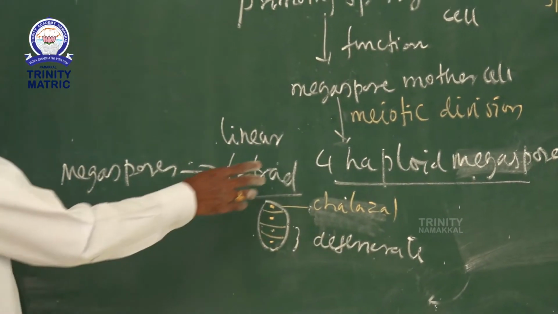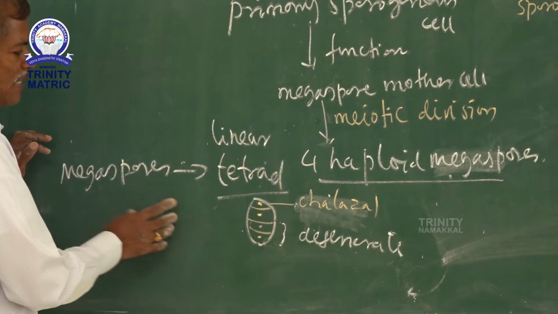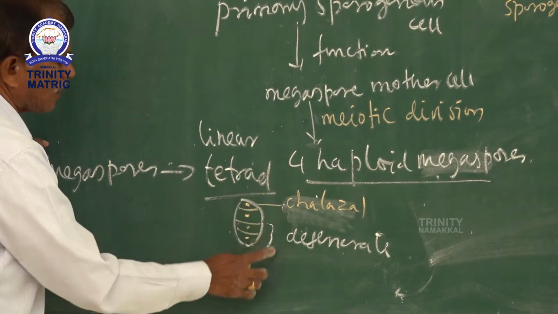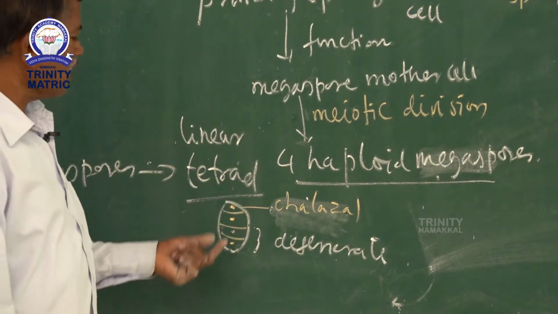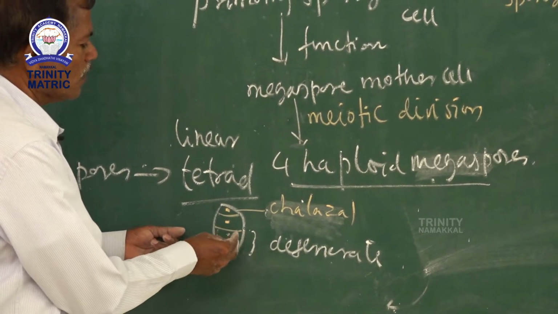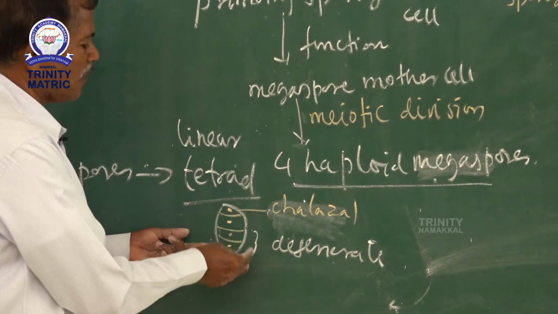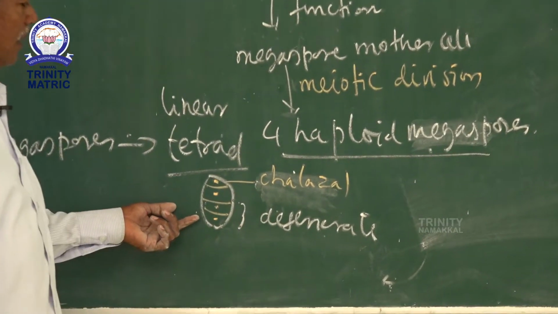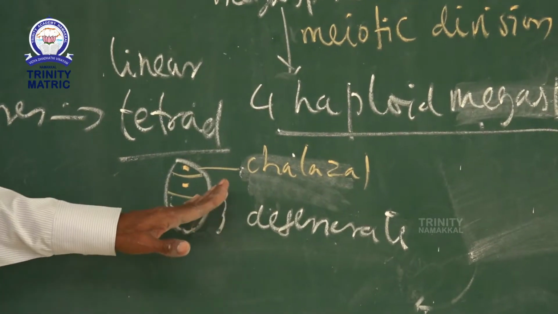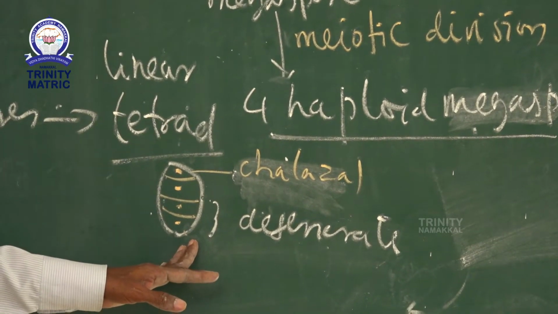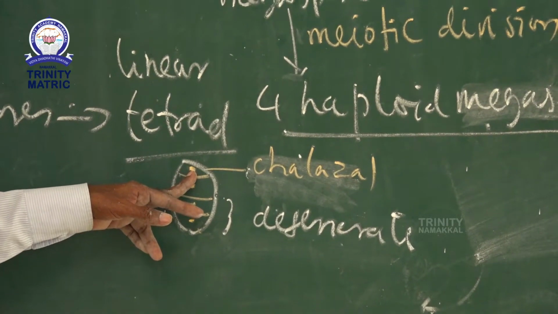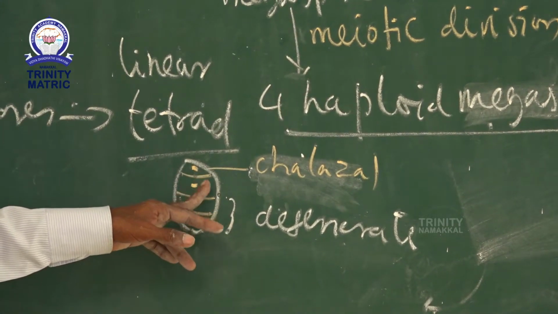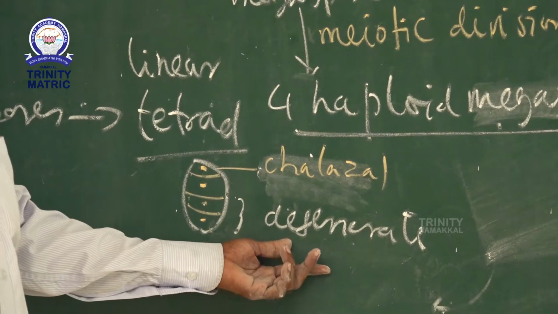These 4 haploid megaspores are arranged in a linear tetrad, some toward the chalazal end and some toward the micropylar end. Of these 4 cells, only the chalazal end megaspore is functional. The other 3 cells degenerate.